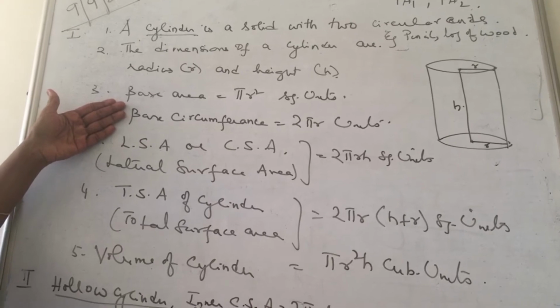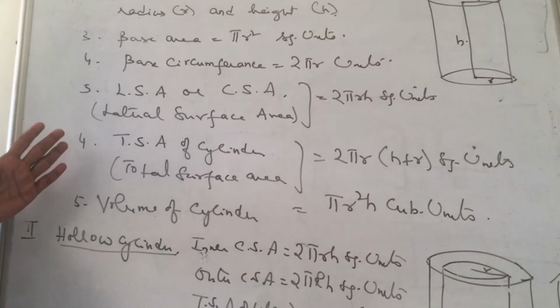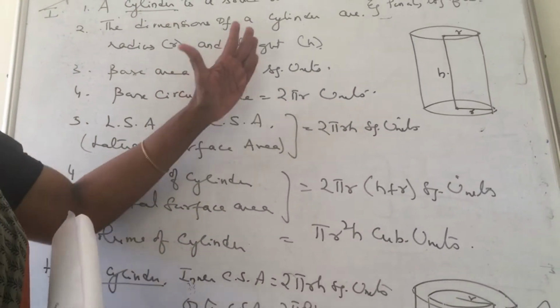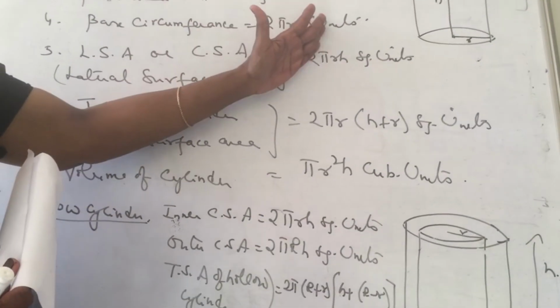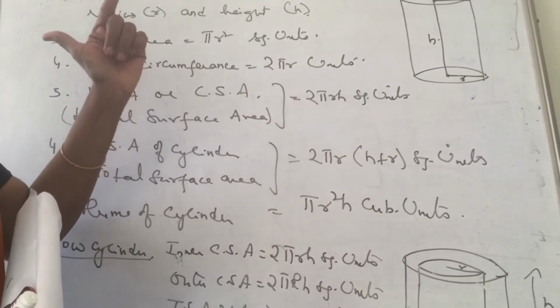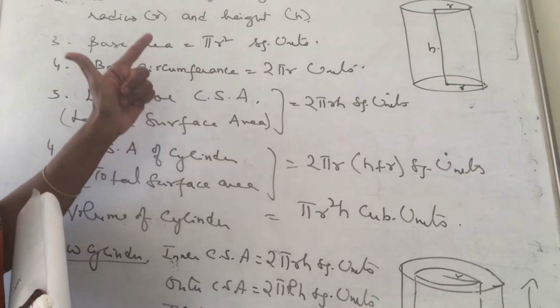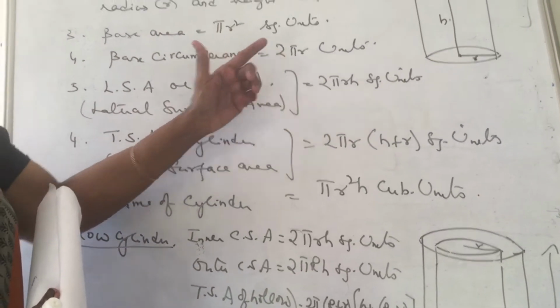Base area, pi r squared square units. The base of the cylinder is a circle. So area of the circle is what, girls? Pi r square. And the circumference of the base is 2 pi r. Circumference of a circle is 2 pi r, so the circumference of the base of the cylinder is also 2 pi r.